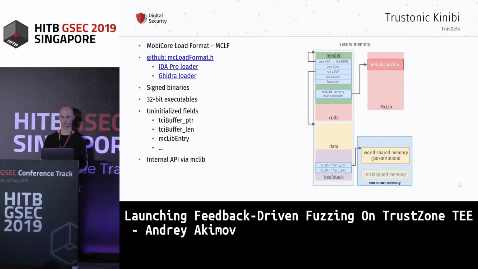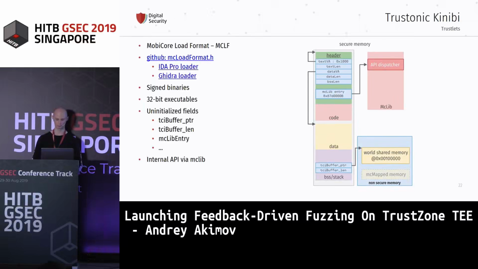The description of the format is publicly open and can be found in Trustonic sources at GitHub. It contains a header, code section, initialized data section, and also an uninitialized space where stack also resides. And in the end of each trustlet file, there is the signature of the file.